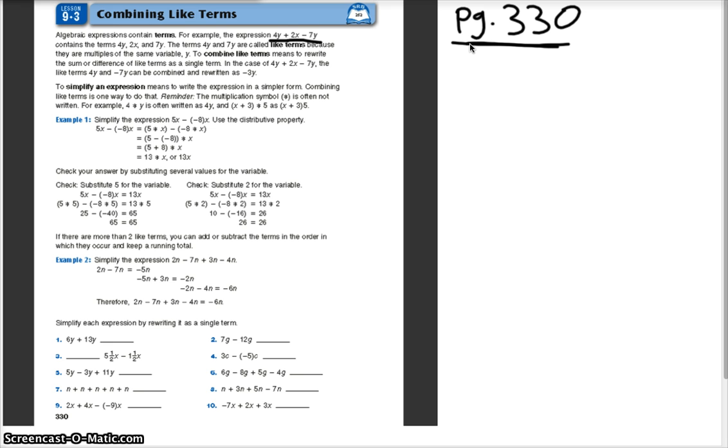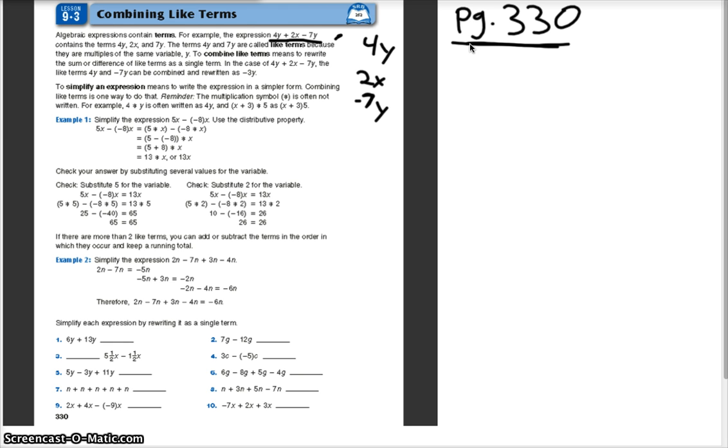So when we're combining like terms, we're dealing with parts inside of our algebraic expression. For example, when we look here, 4y is a term, 2x is a term, and negative 7y is a term.